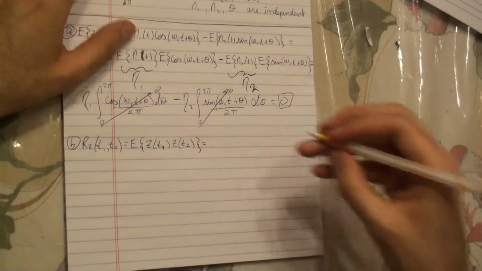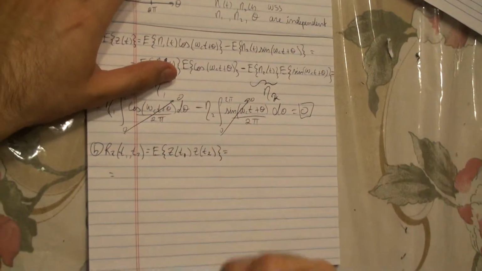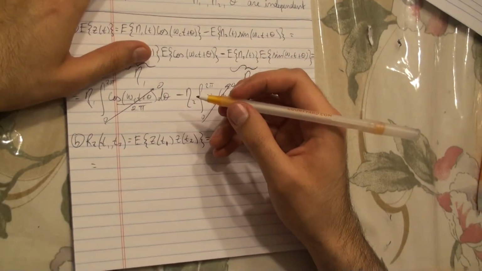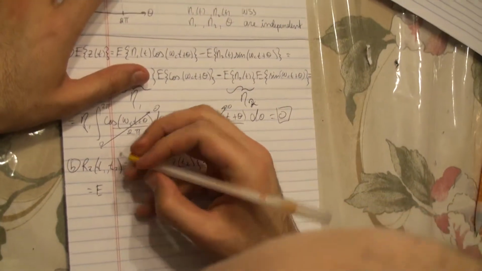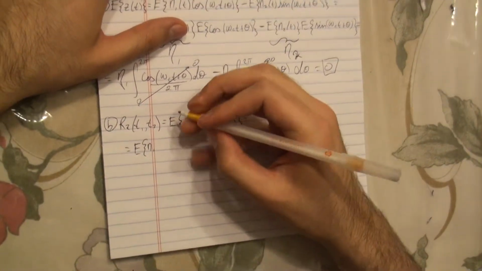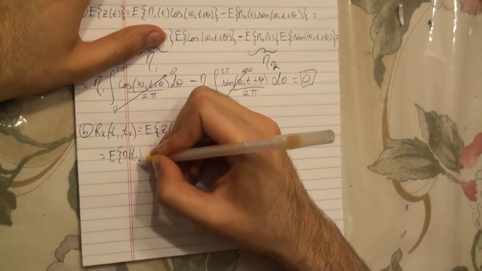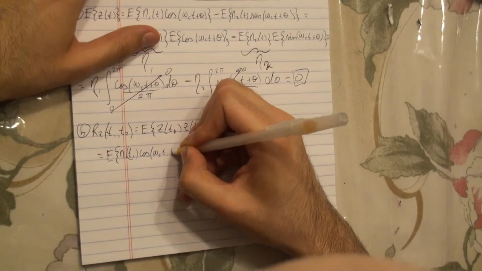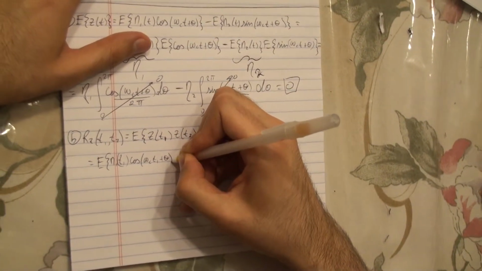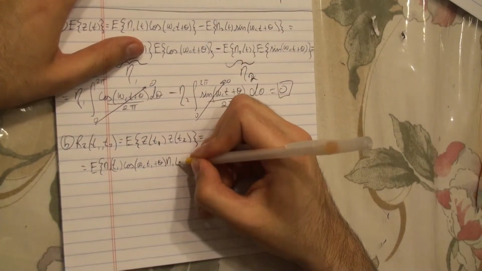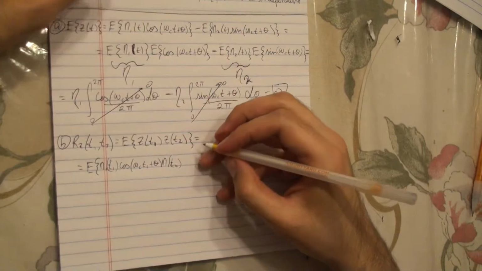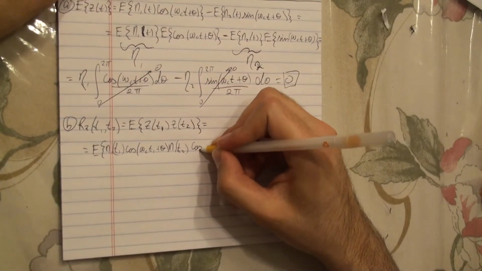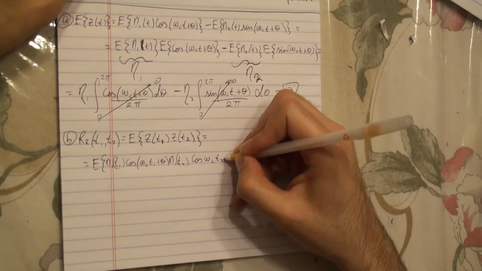So we're going to get expected value of n1 t1 times cosine omega c t1 plus theta times n1 t2 cosine of omega c t2 plus theta.